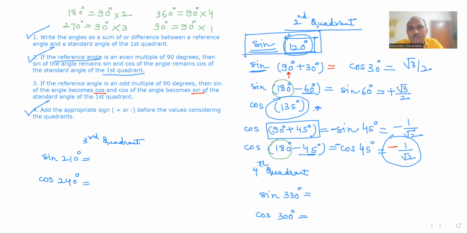And post your answers in the comment section. Who wrote yes? Find the values first and then type yes. Okay, then opt for the poll.